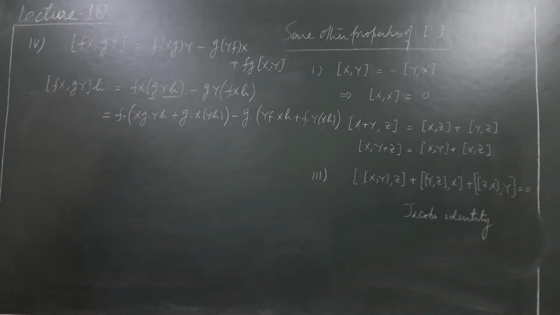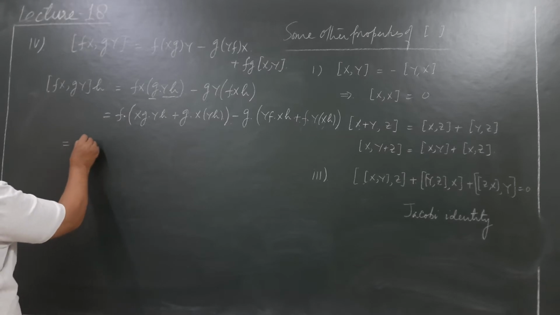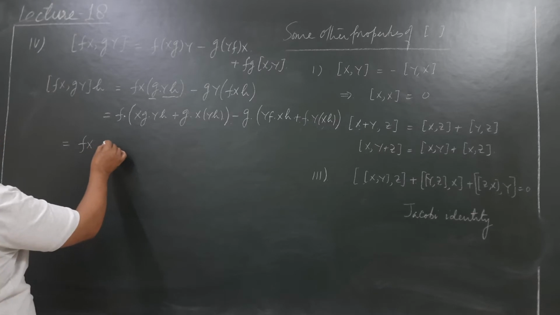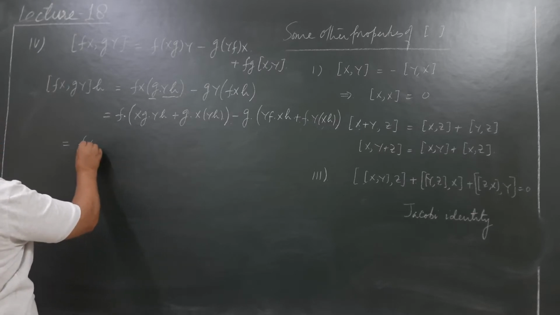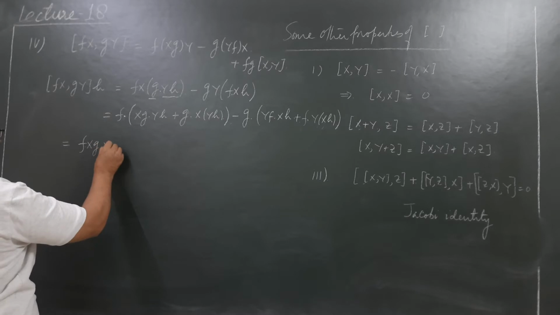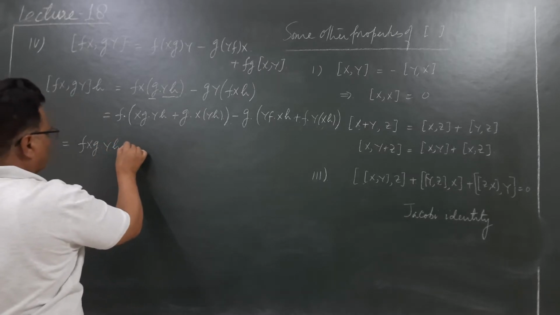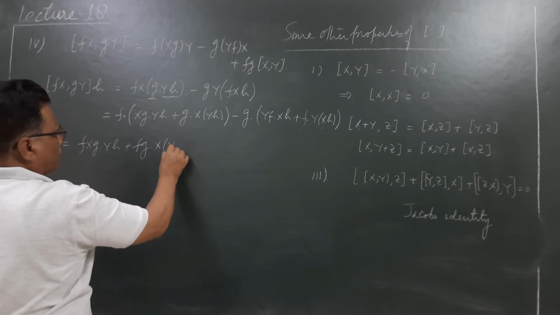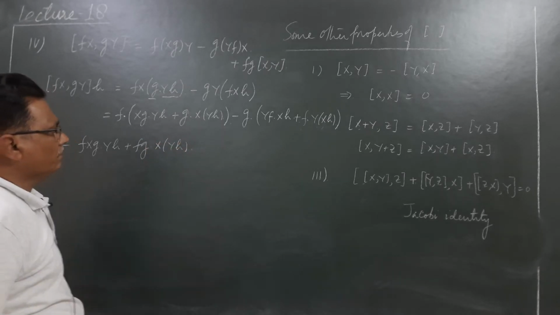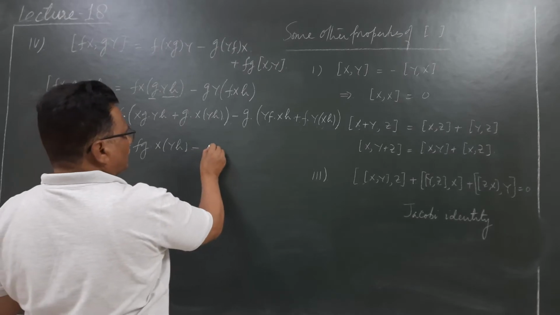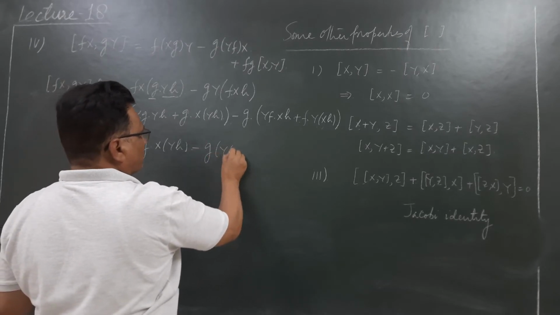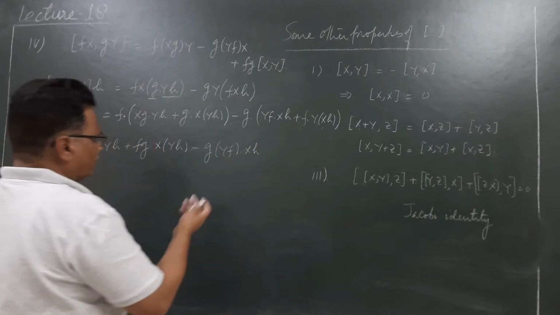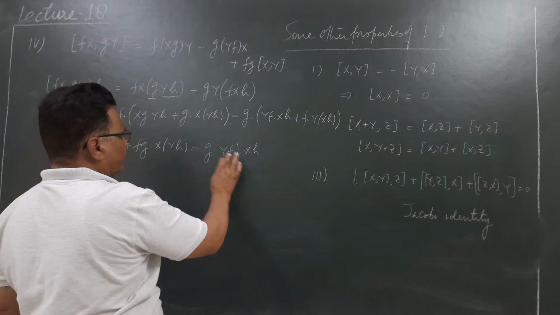Okay, now you simplify it. So this is fx operating on g into yh. Okay, और f को ऐसे लिख लीजिए चाहे xg into yh plus fg xyh minus gyf into xh. अब ब्रैकेट में कहीं बना रहा हूँ कहीं नहीं बना रहा हूँ, वो इमेटीरियल है.